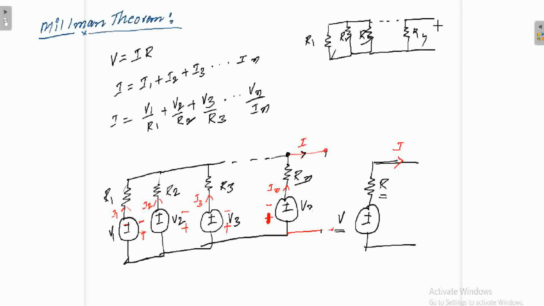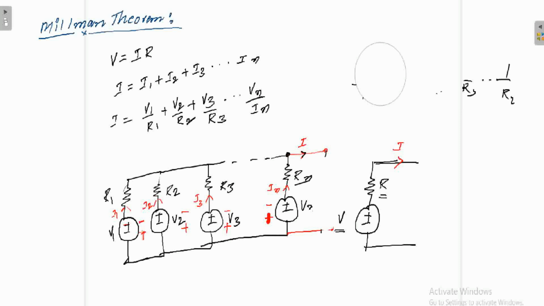If I want to find the equivalent resistance between these two terminals, then 1 by R is equal to 1 by R1 plus 1 by R2 plus 1 by R3 up to 1 by Rn, because they are all in parallel.